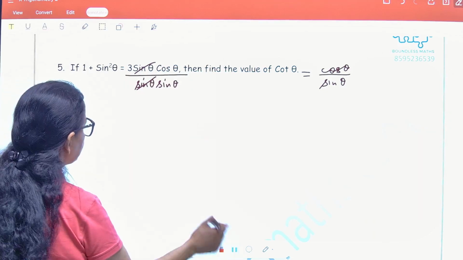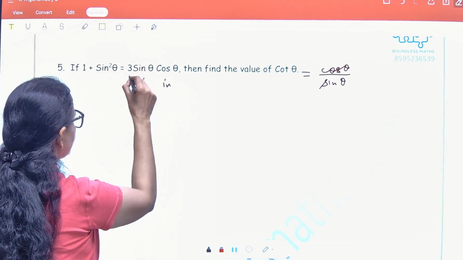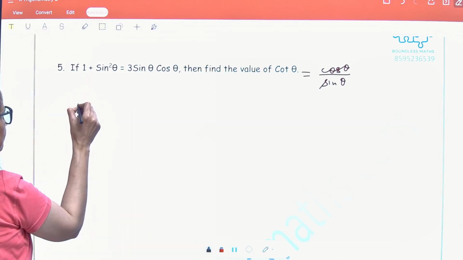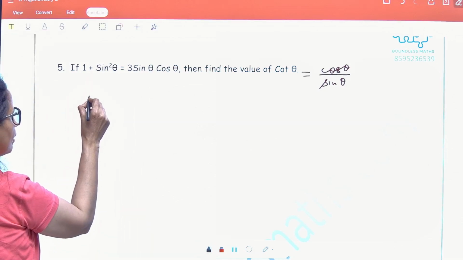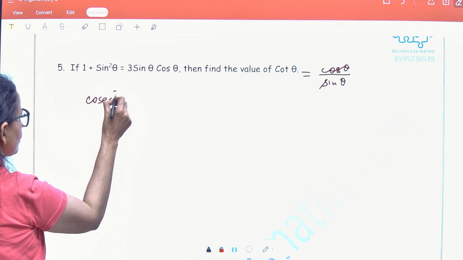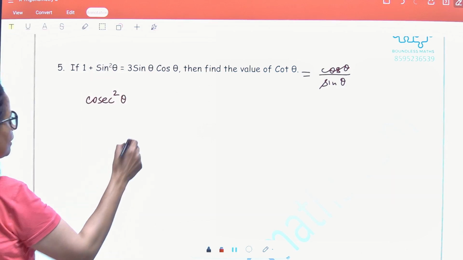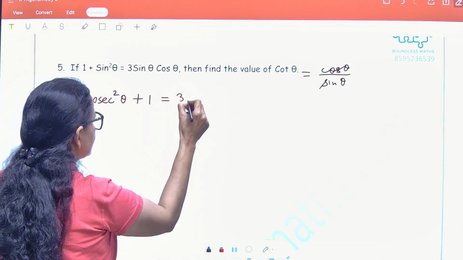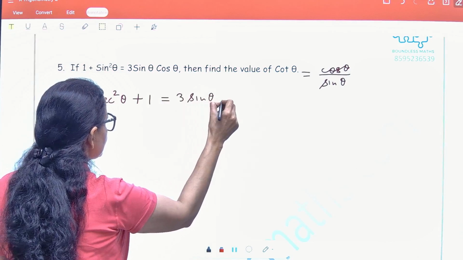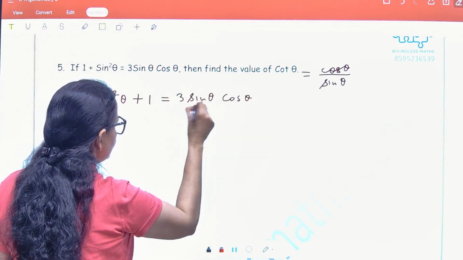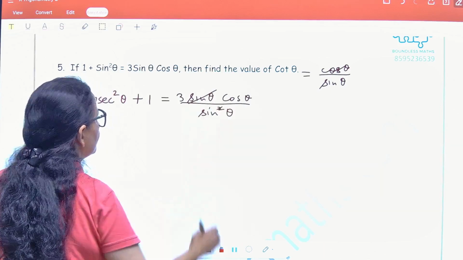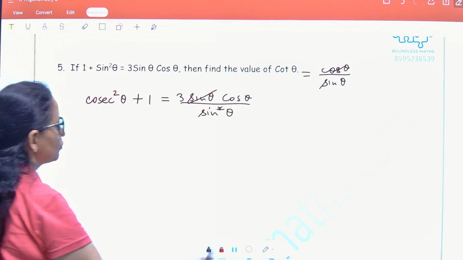So what I am going to do is I will divide the entire equation by sin²θ. So what do we get? 1 by sin square becomes cosec²θ. Sin²θ by sin²θ is 1, and 3 sin theta cos theta by sin²θ gives you 3 cot theta.